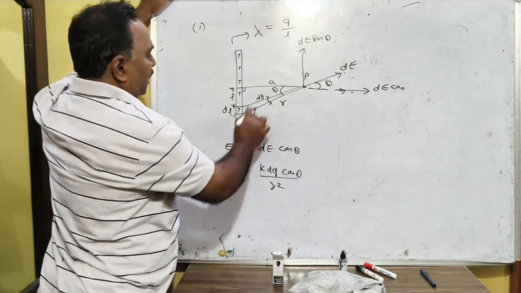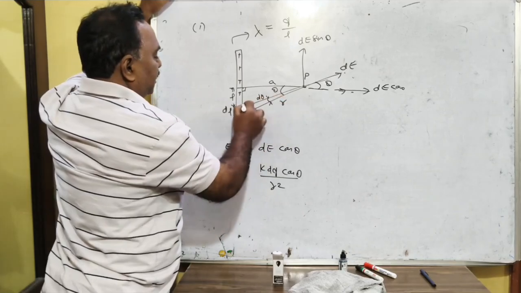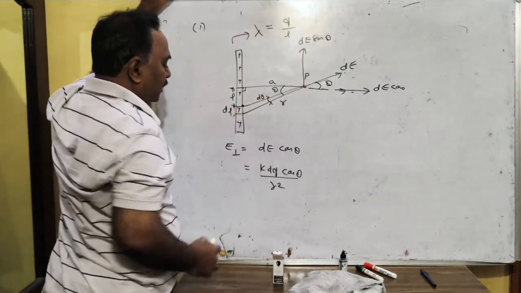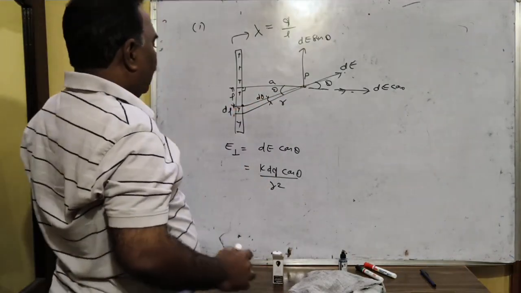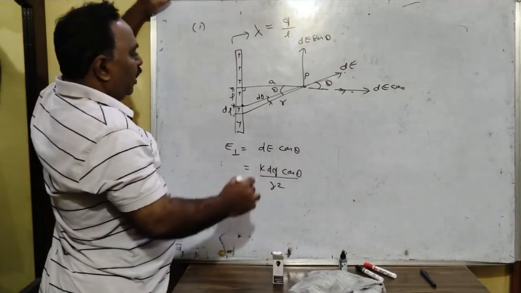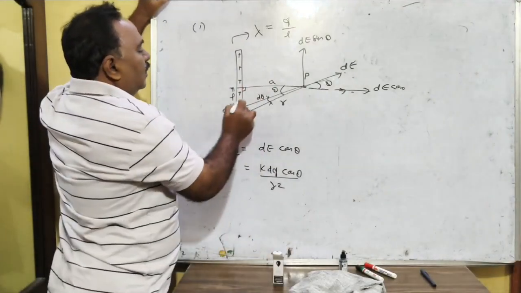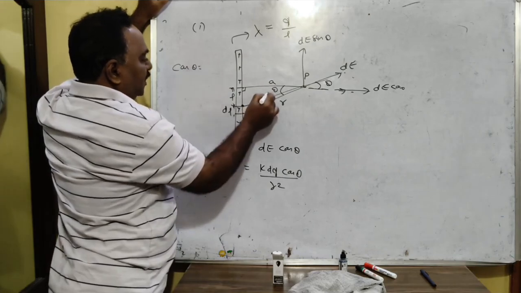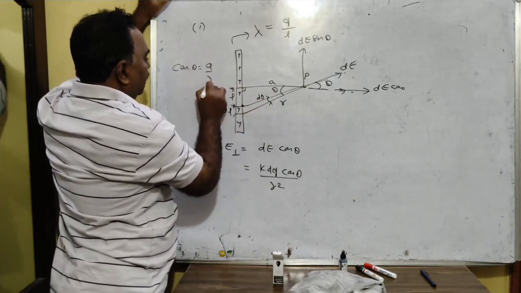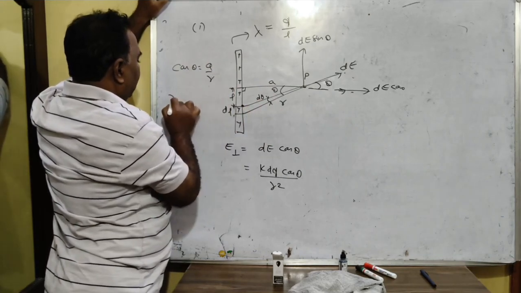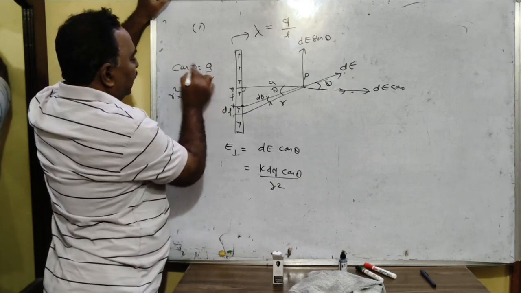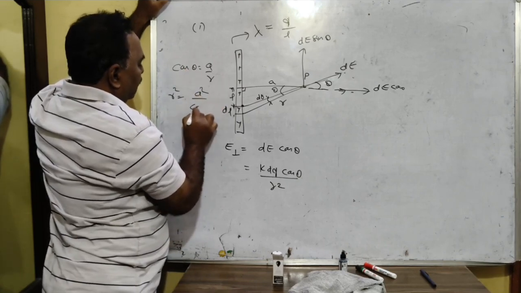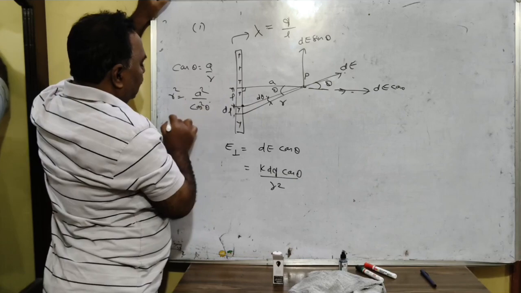This is the distance from this point to this point. So again, some geometry we have to know first. From this triangle, cos theta is equal to adjacent side by hypotenuse, A by r. Therefore on squaring, r square can be written as a square by cos square theta.